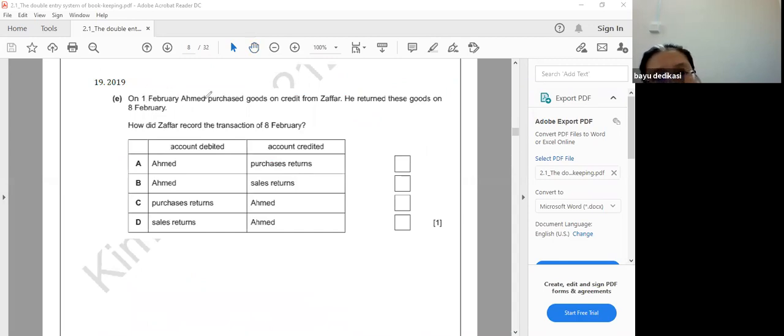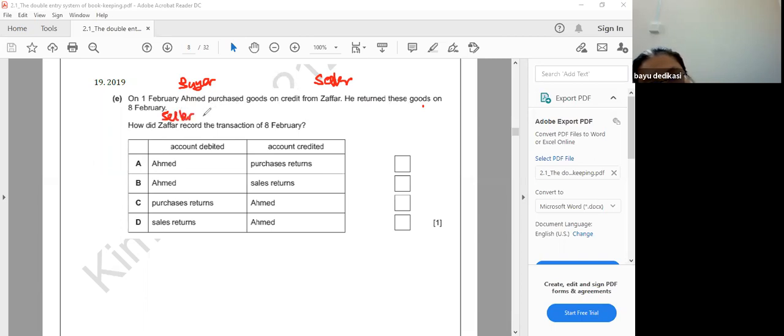On 1st February, Ahmad purchased goods on credit from Zafat. He returned these goods on 8th. How did Zafat record the transaction of 8th February? Ahmad purchased goods, so he is the buyer.